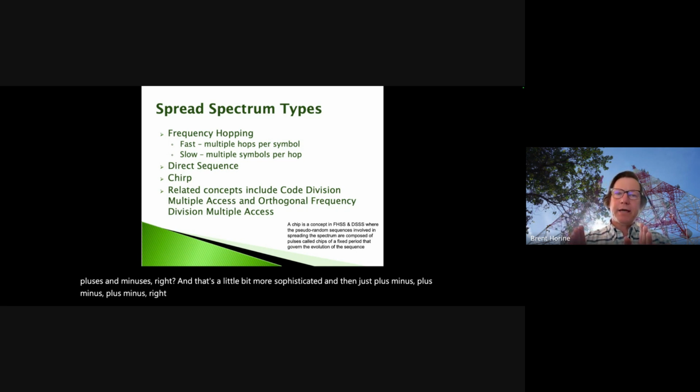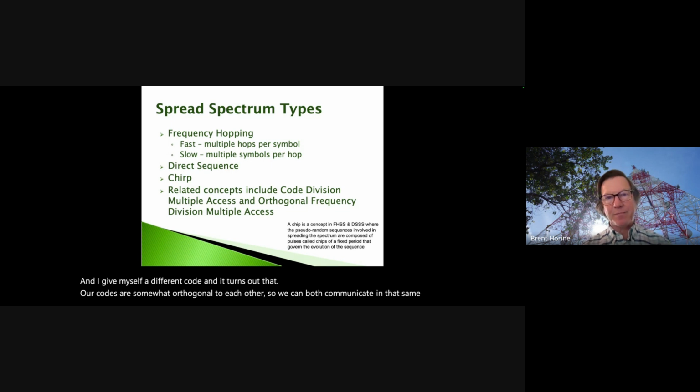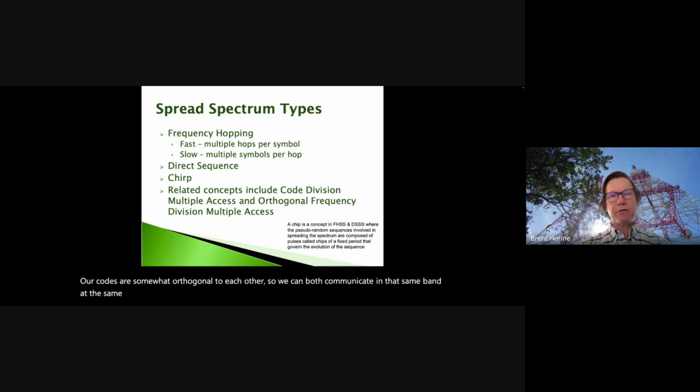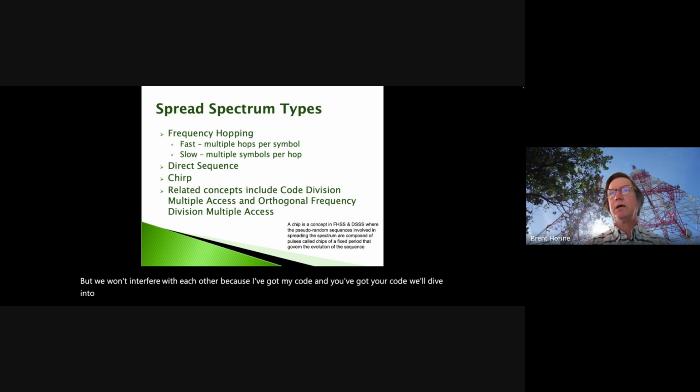And so I give you one code, and I give myself a different code, and it turns out that our codes are somewhat orthogonal to each other, so we can both communicate in that same band at the same time. But we won't interfere with each other because I've got my code and you've got your code. We'll dive into this in more detail later.